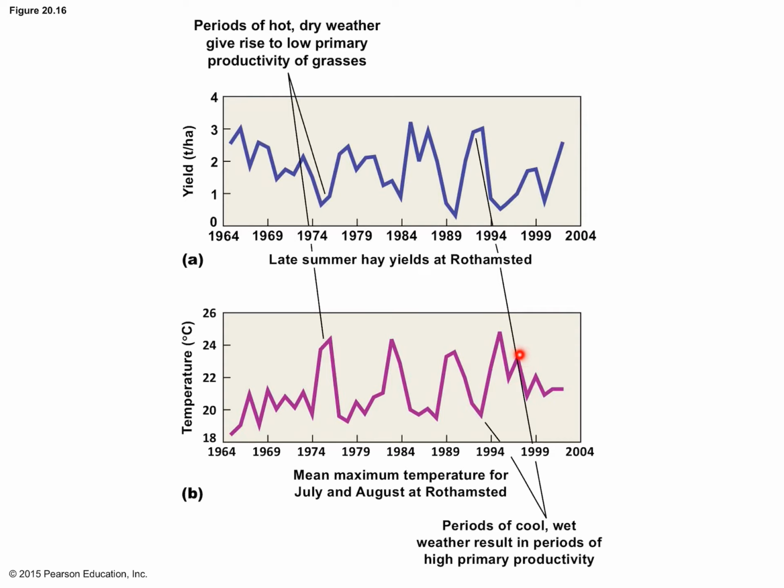And that resulted again in high primary productivity. So this is what these long-term ecological research stations are known for, showing these long-term patterns that really relate to longer-term, larger-scale climatic fluctuations, and how they affect primary production and various other things.